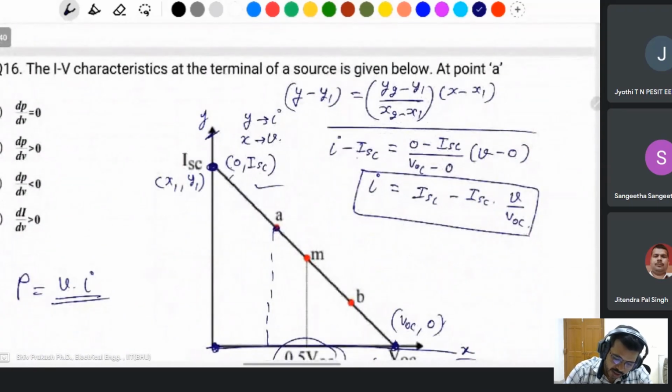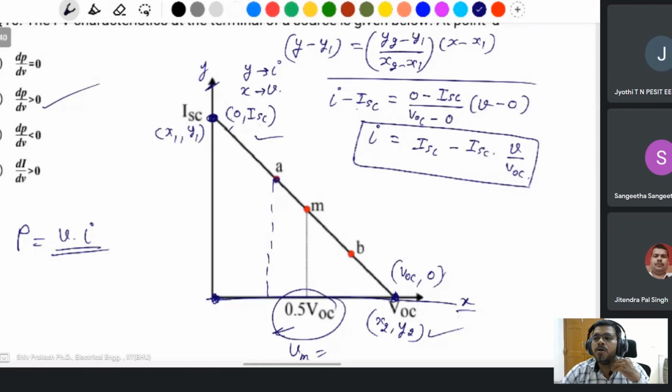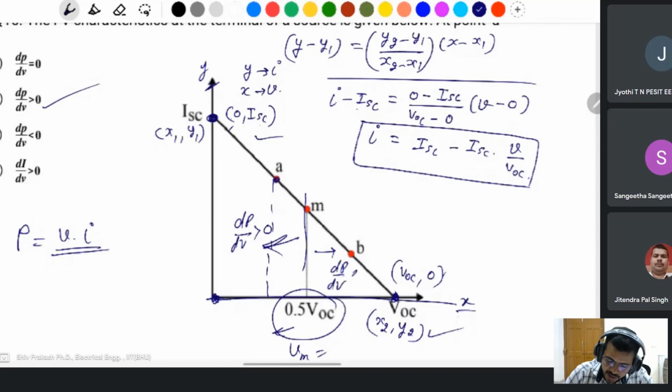Question number 16 is given: at point A, dP by dV is greater than 0. You also read in the previous one, the left hand side has dP by dV greater than 0, the right side dP by dV less than 0, same thing.